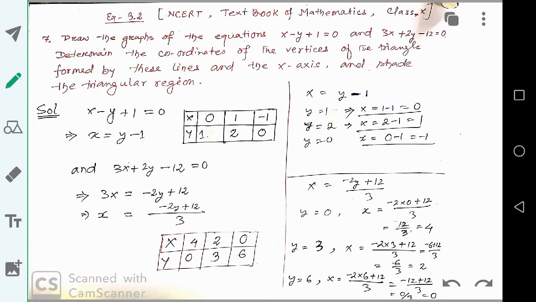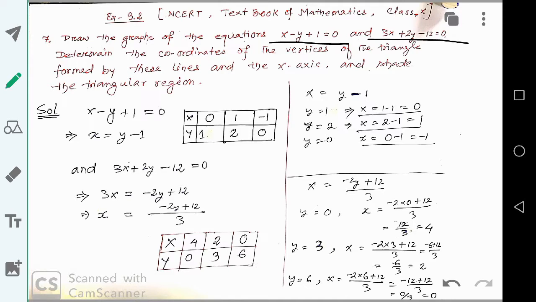Our next question is question number 7. Draw the graph of the equations x - y + 1 = 0 and 3x + 2y - 12 = 0. We have to draw the graph of these two equations.